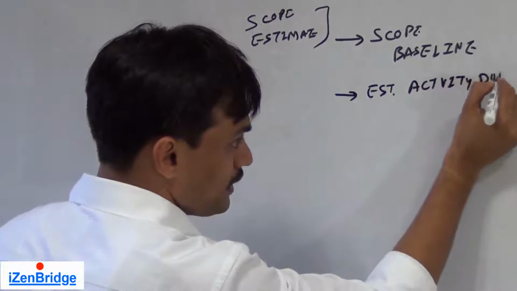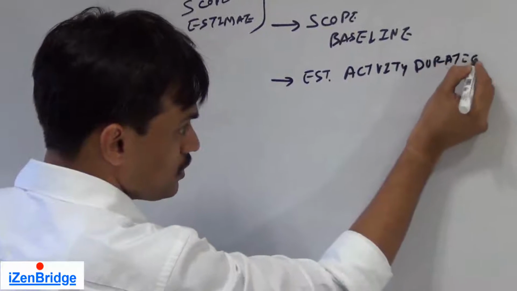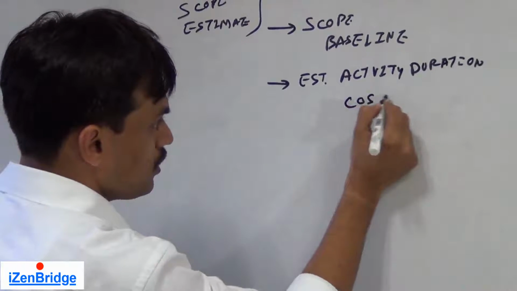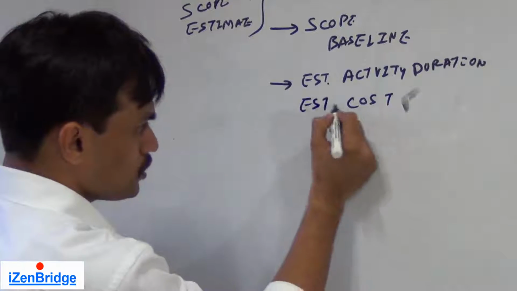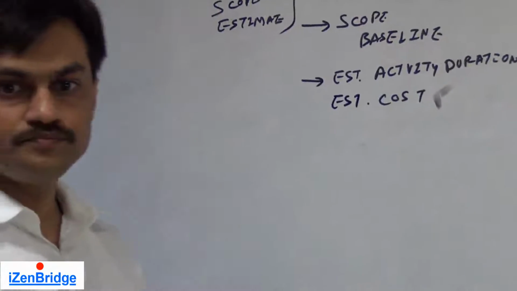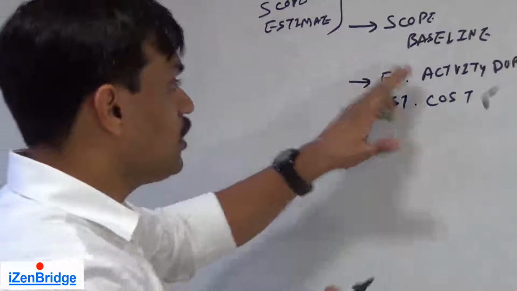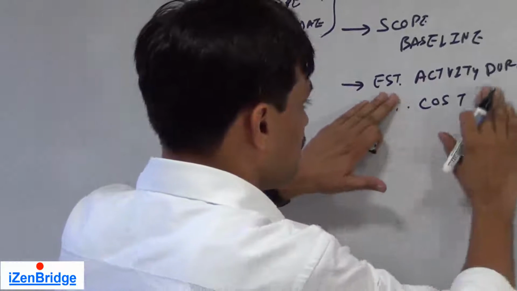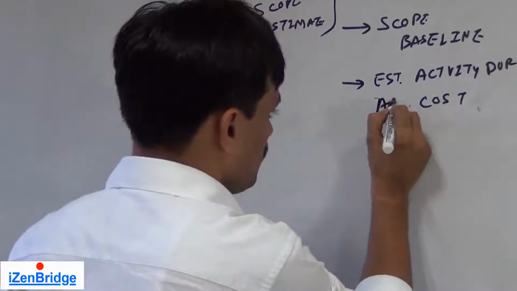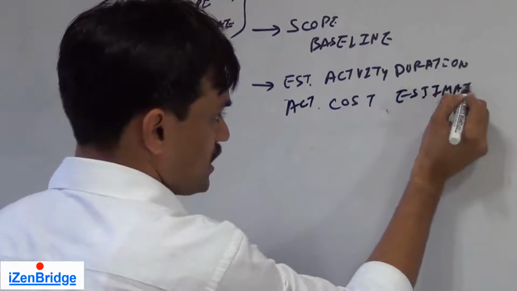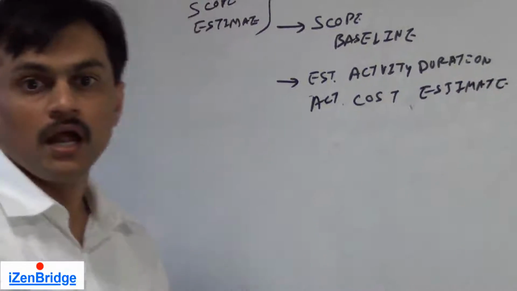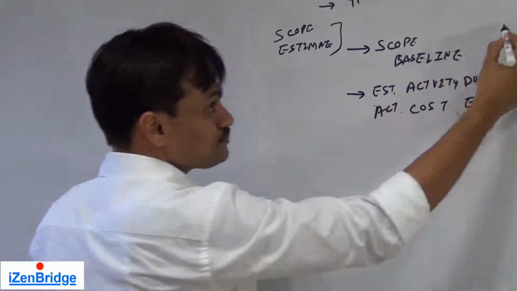So we need duration and cost inputs, which are coming from the activity cost estimate and the activity duration estimate. Now, what else?